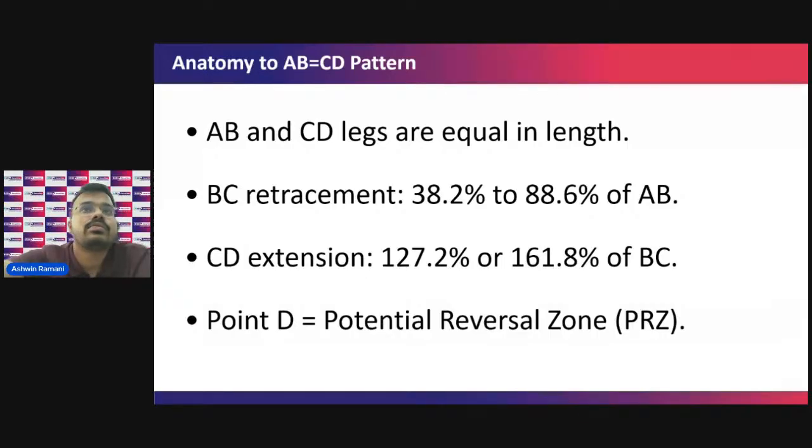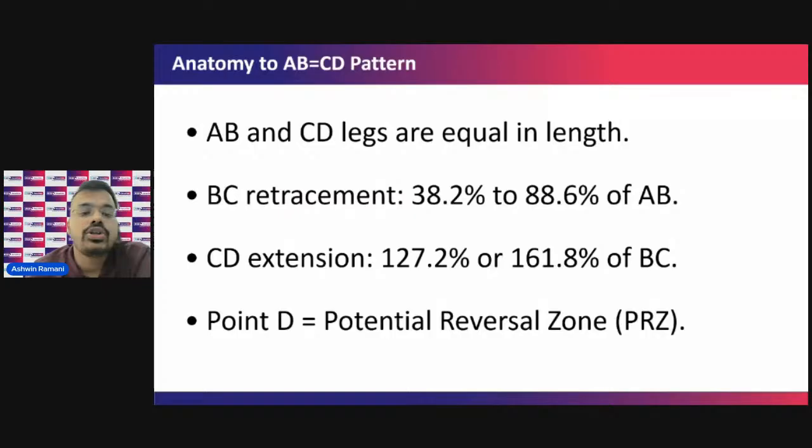That is how you project your Fibonacci extension. And your D point here will be your potential reversal zone.